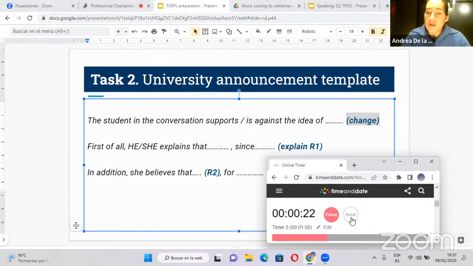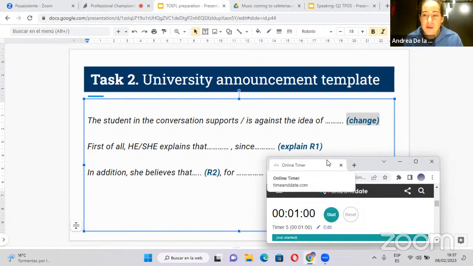Okay, well done. But I think it was a little bit too summarized, right? You had a lot of time. You shouldn't have too much time left over. If you have that extra time, I would suggest that you continue explaining the second reason and just improvise, right? You already said that the university will benefit, that it will be a lot of extra money, and continue explaining that. You can improvise a bit and say something like, so this is a really great idea, so that the university provides scholarships for students or something like that.